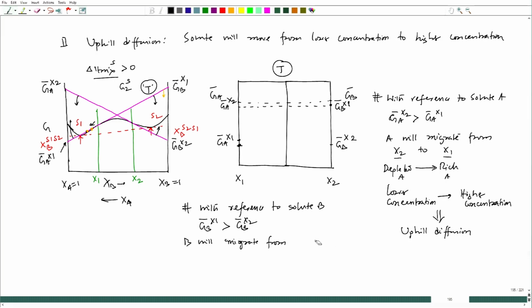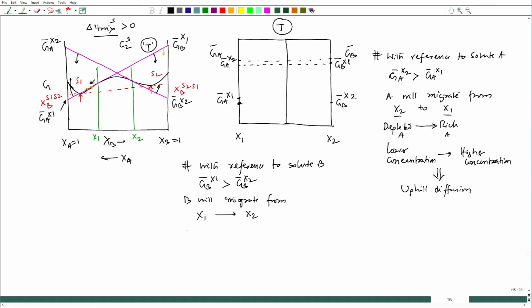And if I try to see composition, this is depleted in B and this is rich in B. So, the diffusion is taking place from lower concentration to higher concentration. Fine. So, this is also upfield diffusion.